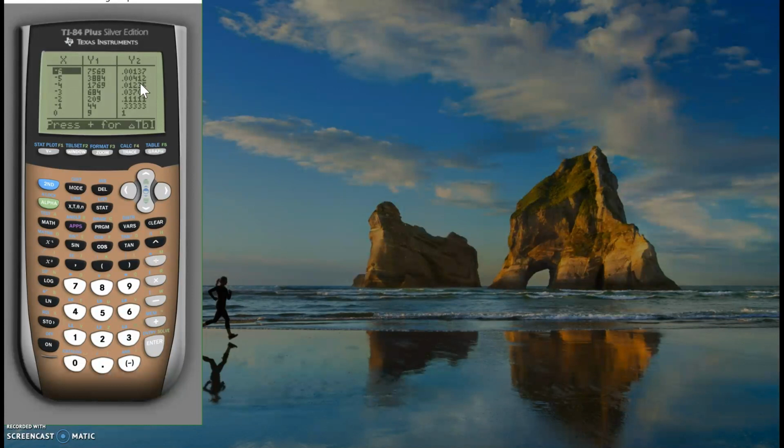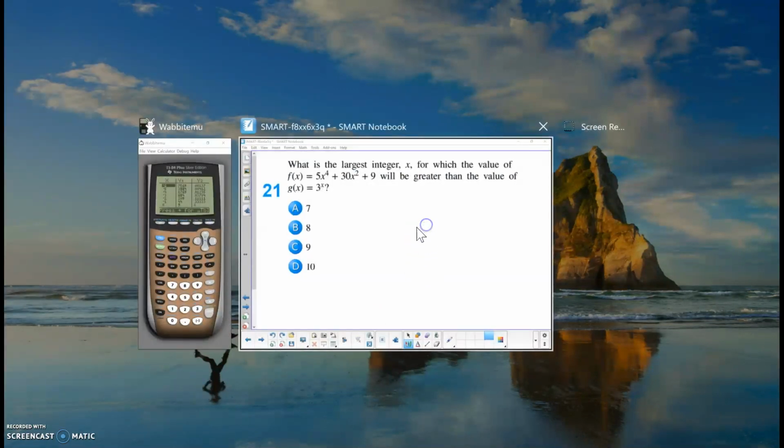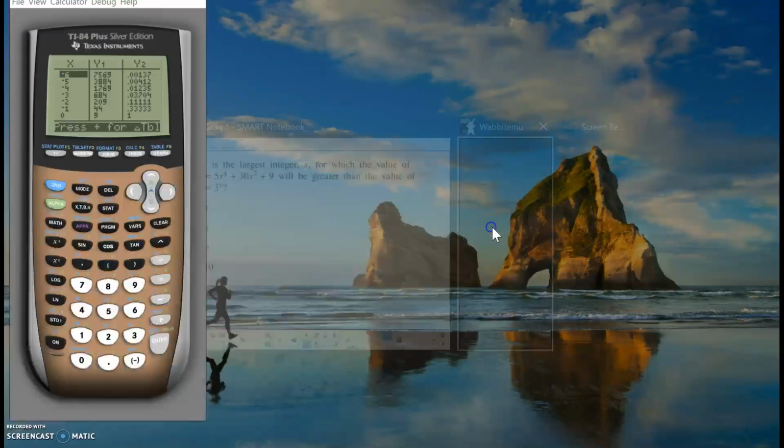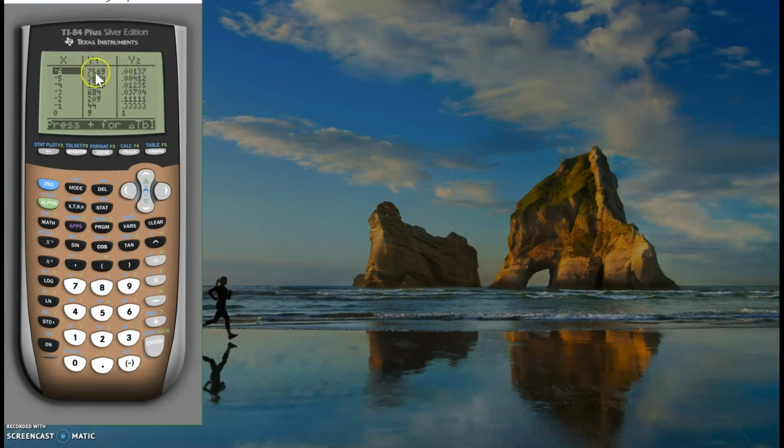What is the largest integer of x? So let me pull up the question again so you don't have to memorize. What is the largest integer x for which the value of this is greater than the value of this? So, when is y1 greater than y2? And so you look at these, you see y1 is much bigger than y2. But we want to say, how long is that true for?